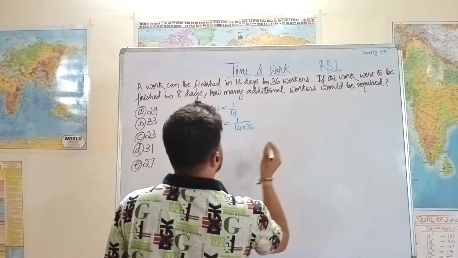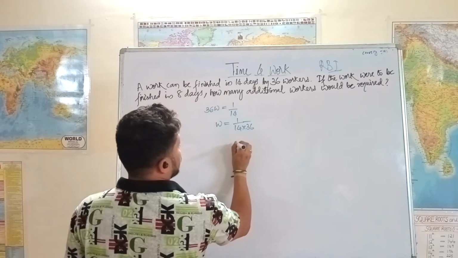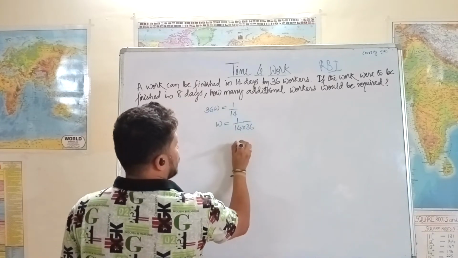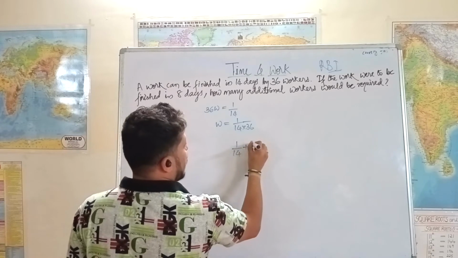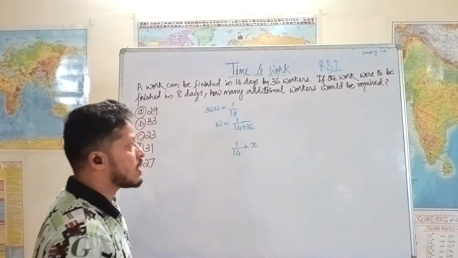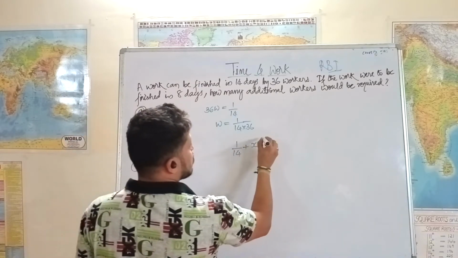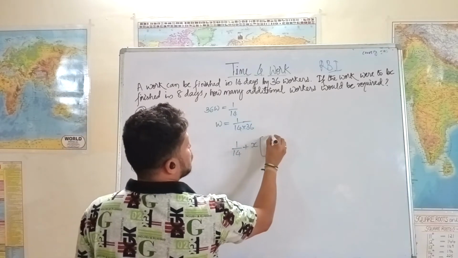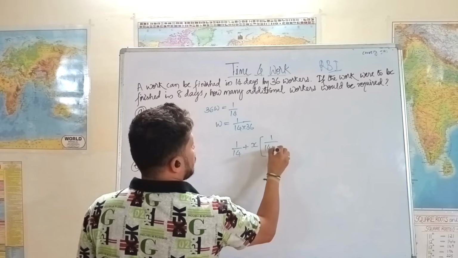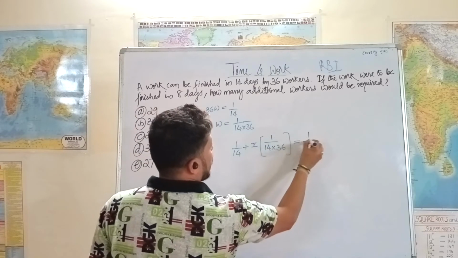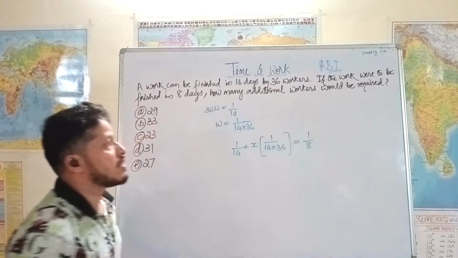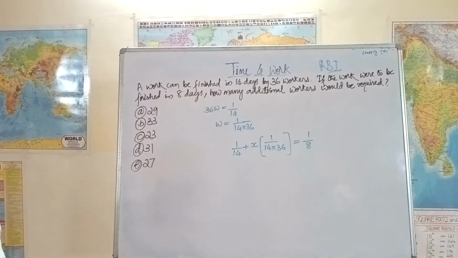So 36 workers were there, so the efficiency of their work is 1 by 14, plus let's say some X amount of workers added, and their efficiency is all the same. What is their efficiency? It is 1 by 14 into 36, right? And if they complete the work in 8 days, their total efficiency will be 1 by 8. Correct?